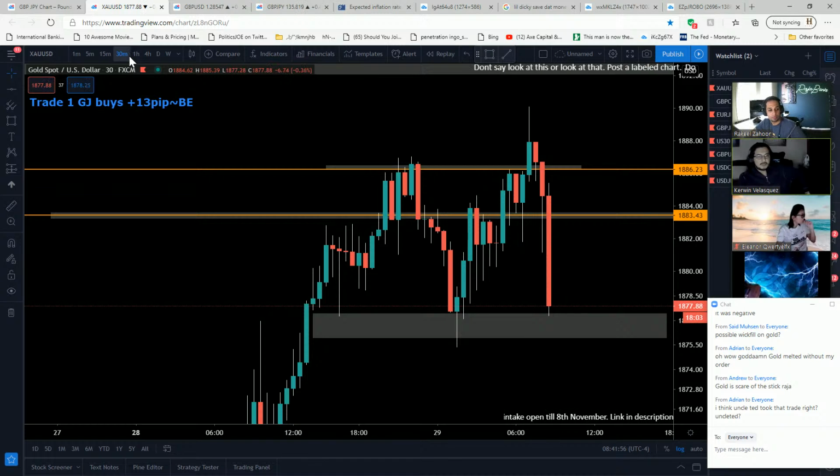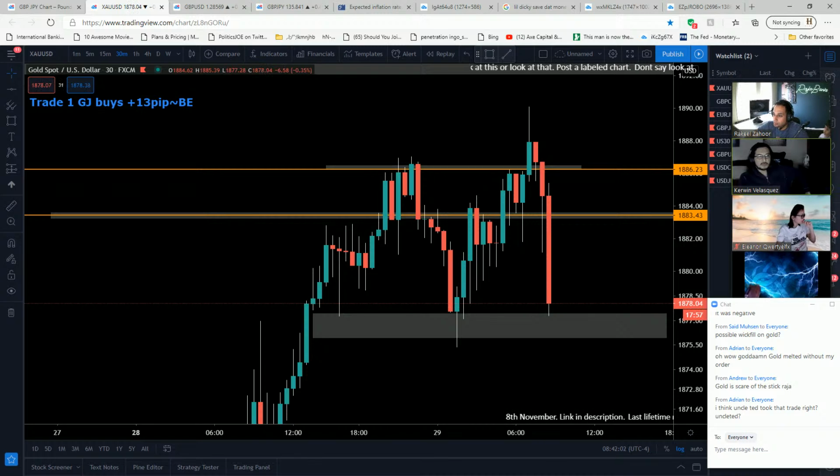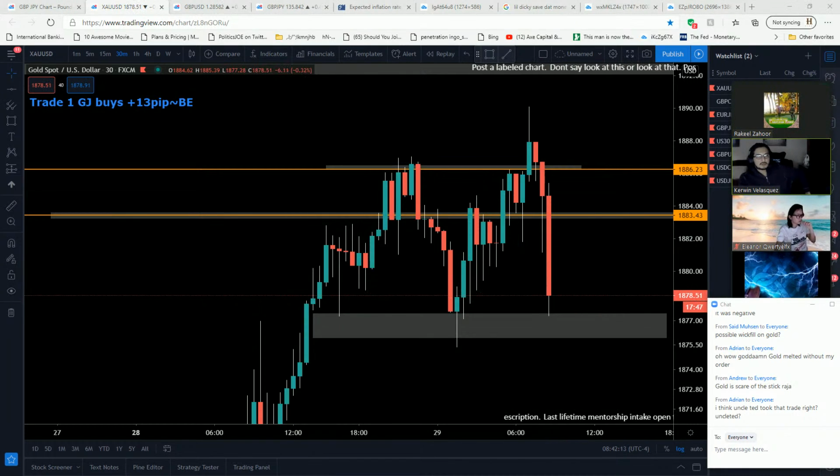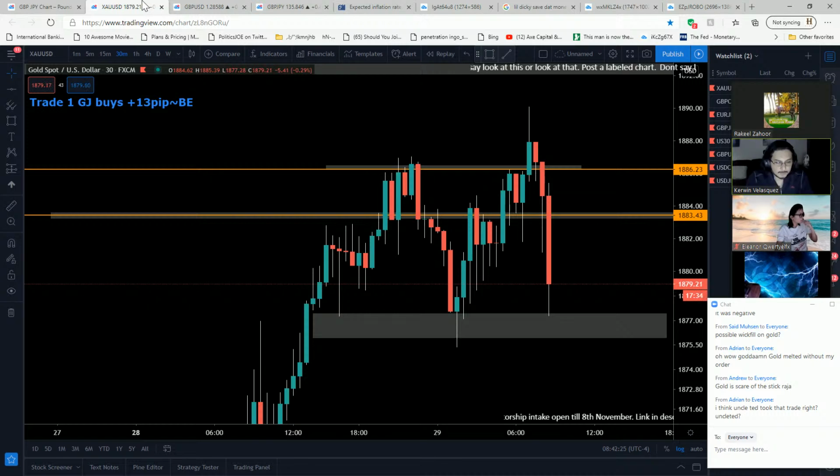Yeah, but usually gold makes these pullbacks within New York session, but the way it's forming right now, it's just scary. It looks like it's gonna break that 1878, and then 1875. But man, there must be something happening. Yeah, it's crazy.